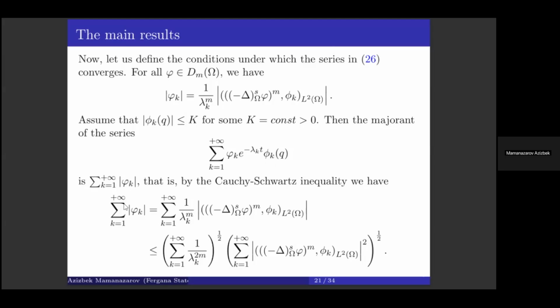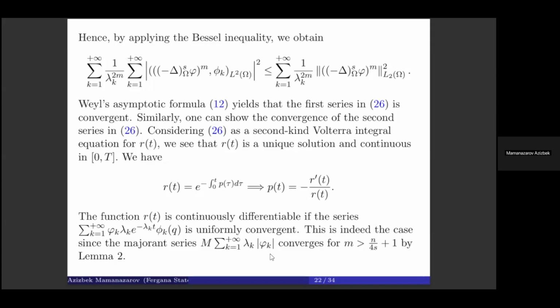And using this representation and applying the Cauchy-Schwarz inequality, we will have this inequality. And here, by applying Bessel's inequality, we obtain this inequality.